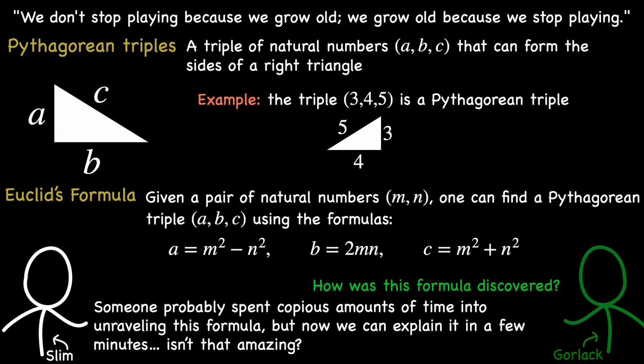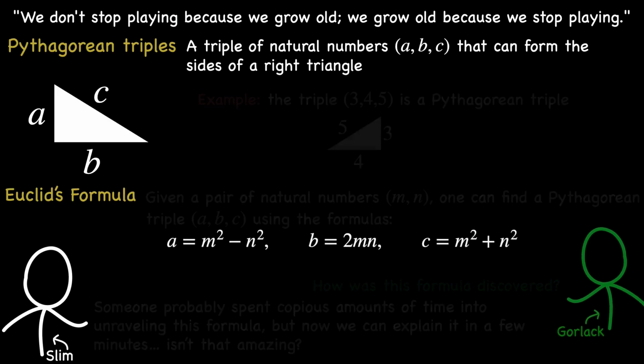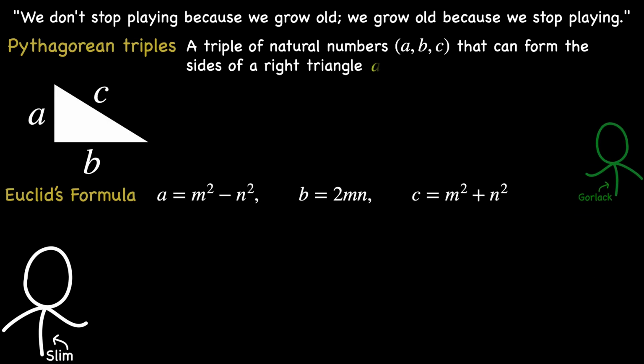Firstly, note that Pythagorean triples must satisfy the Pythagorean theorem, where a squared plus b squared equals c squared. Generating triples of real numbers satisfying this equation is straightforward. The difficulty lies in finding solutions in which a, b, and c are natural numbers.